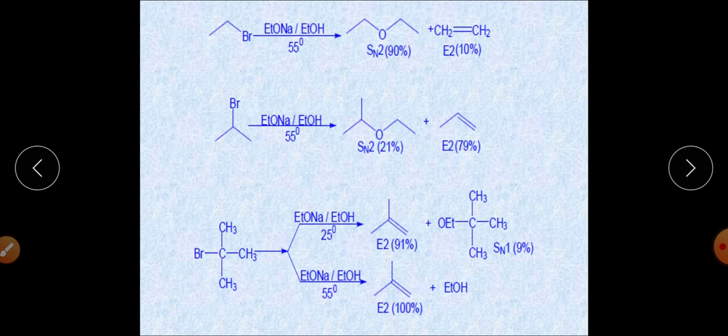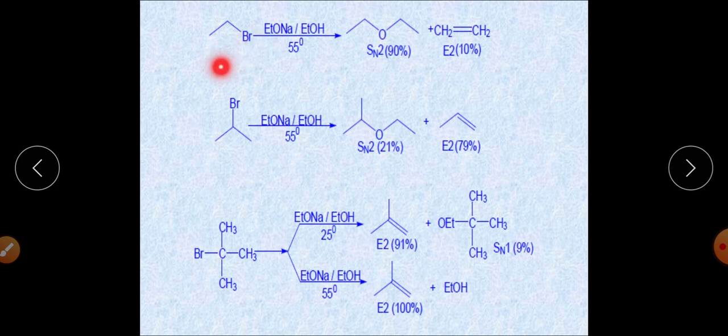substitution. Here are different examples on your screen, and you can see how this parameter is going to affect the elimination and substitution, which means we can predict which reaction is going to occur.